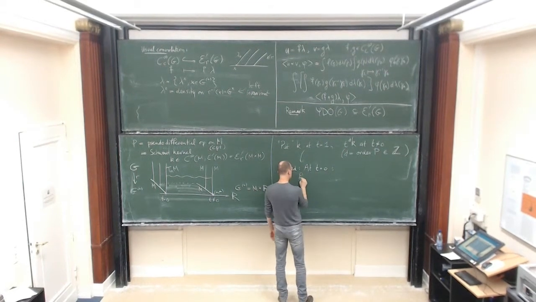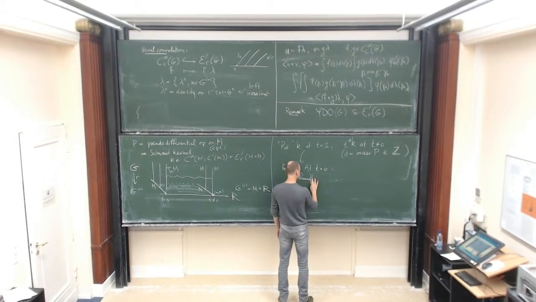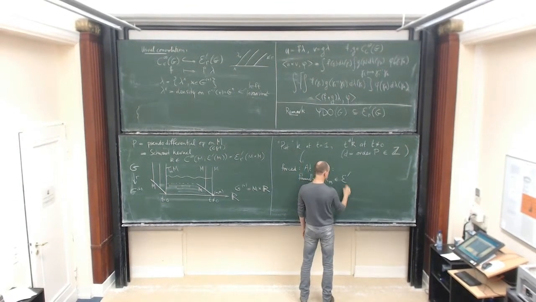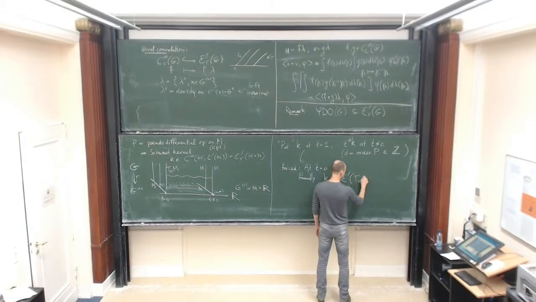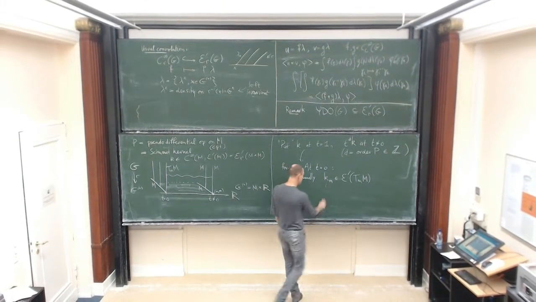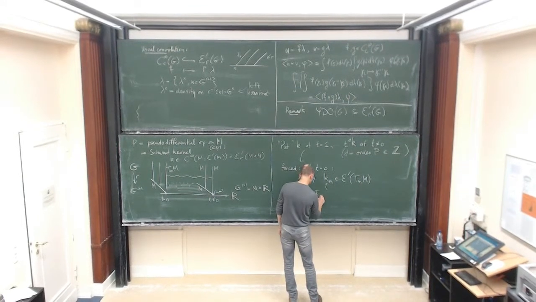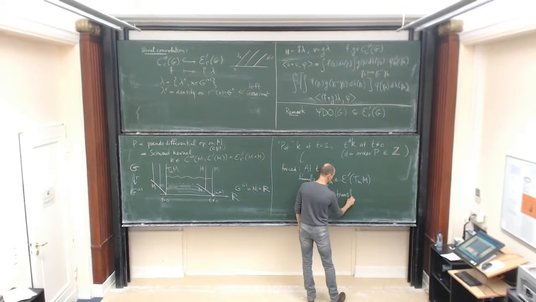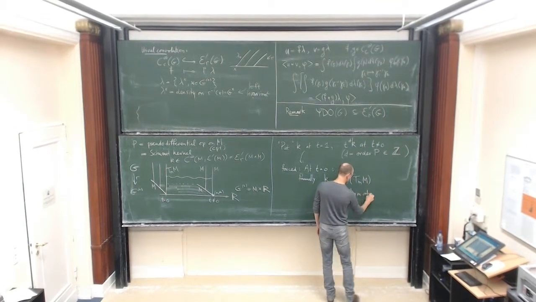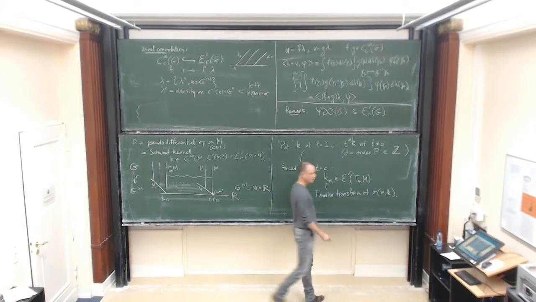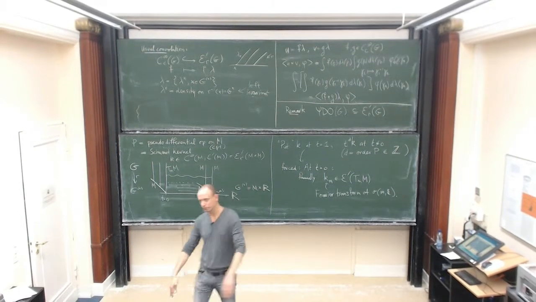You get a family K sub m, say, of distributions with compact support on the tangent fiber, on the vector space. And this is the Fourier transform of the principal symbol at m, modulo things of rapid decay.